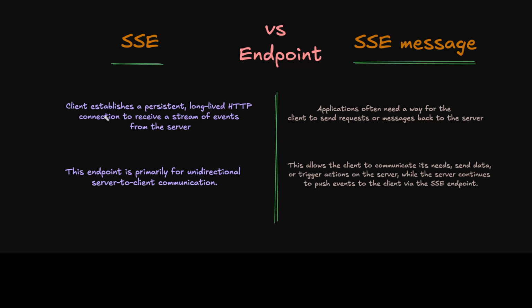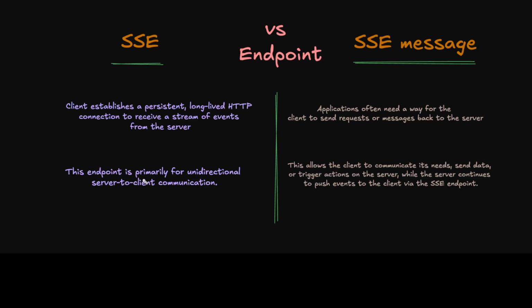What is SSE? With SSE, a client establishes a persistent, long-lived HTTP connection to receive a stream of events from the server. So SSE is used to initialize the connection from the client to the server so that the server can constantly send a stream of events to the client.